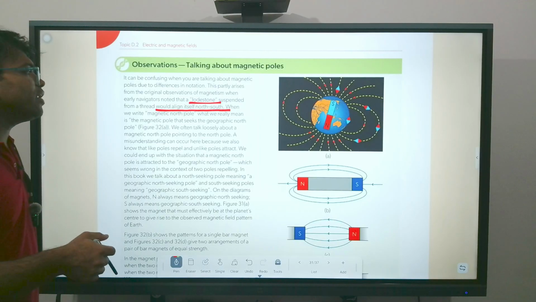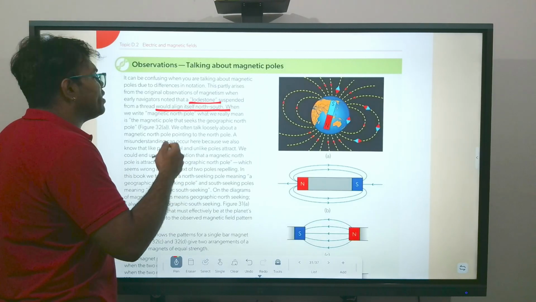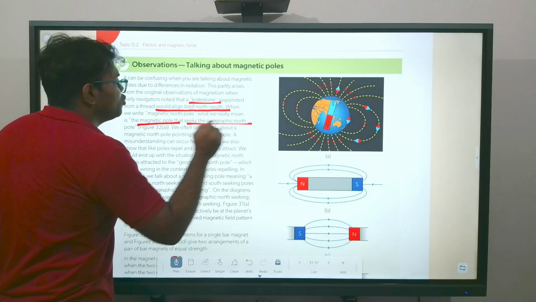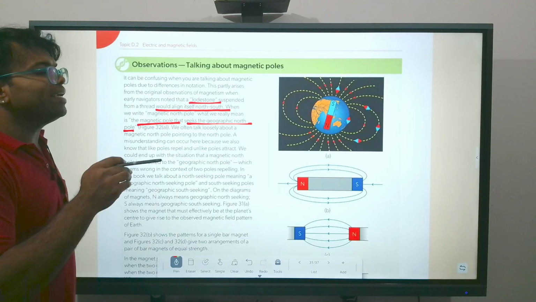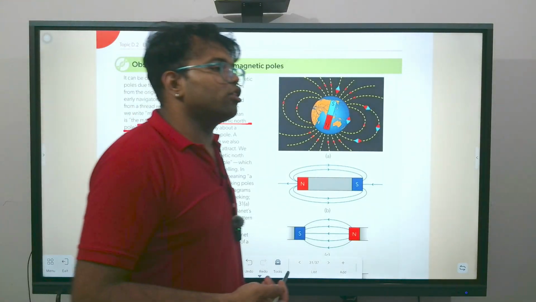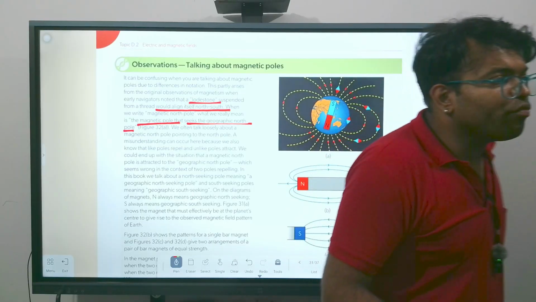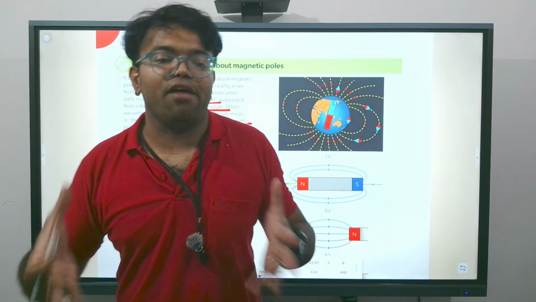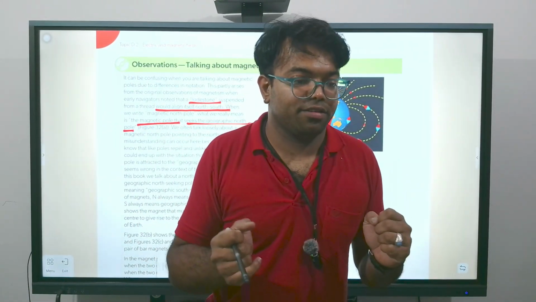When we write magnetic north pole, what we really mean is the magnetic pole that seeks the geographical North Pole. Why is it seeking the geographical North Pole? Because at the geographical North Pole, we have the South Pole of the Earth.